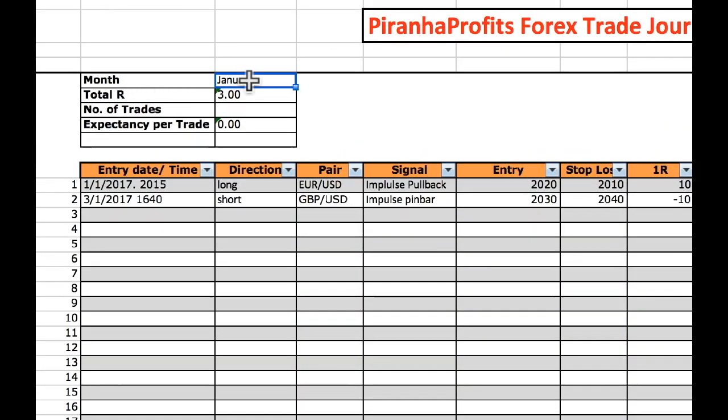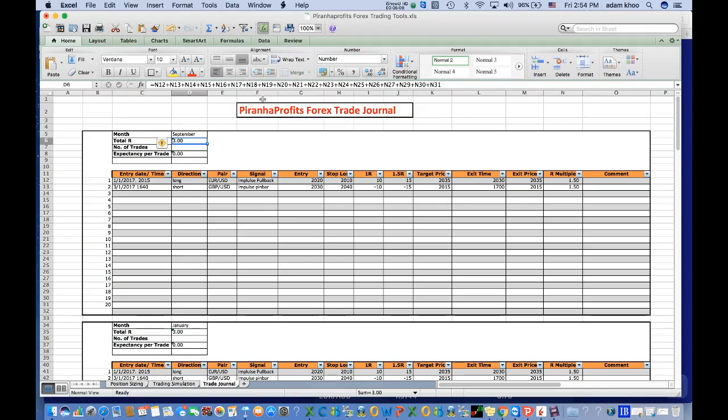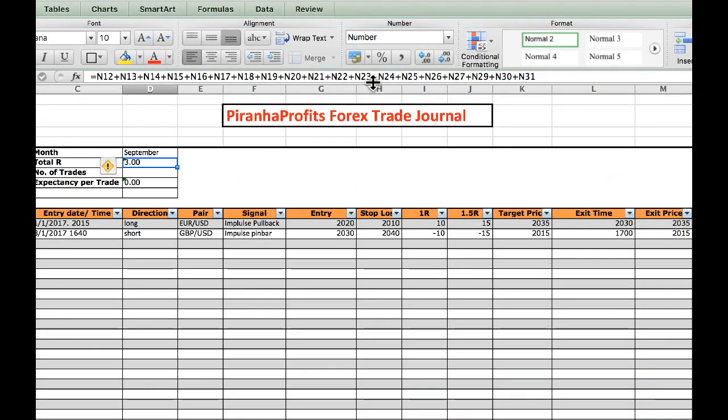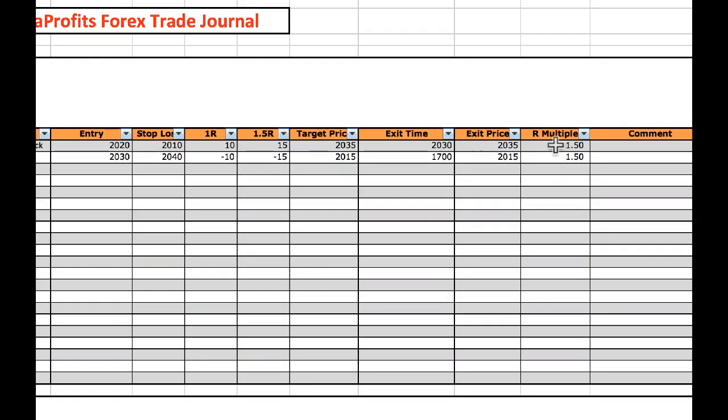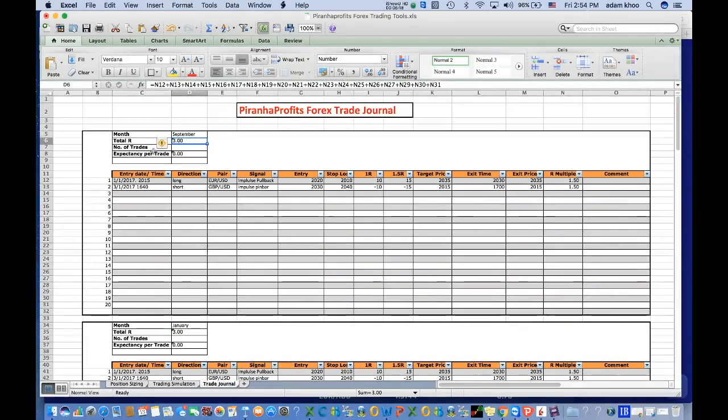First, say it's September, for example, so put September. Okay, and how many R did you get? This would be the total, you can see it's a sum of all the R's here, okay? All the R multiples will sum up to here.